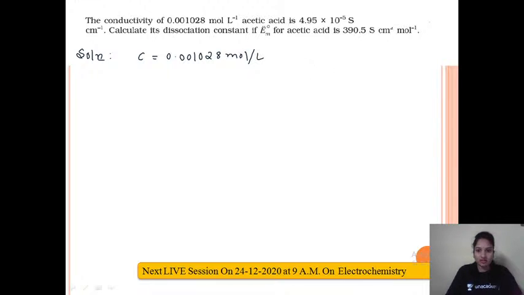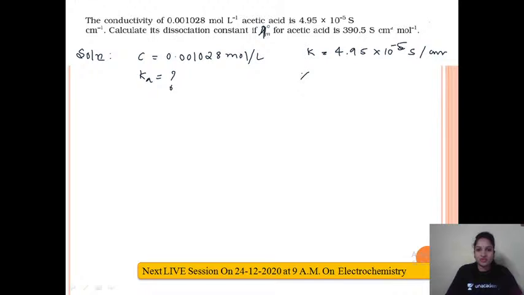What is given? Concentration is given, 0.001028, mole per liter. Conductivity, represented by K, is 4.95 into 10 raised to minus 5 Siemens per centimeter. Calculate its dissociation constant. Which value do we have to calculate? Ka value.